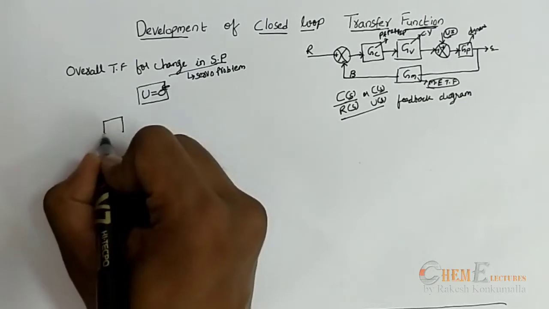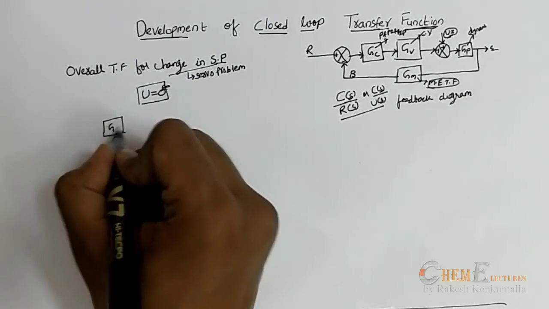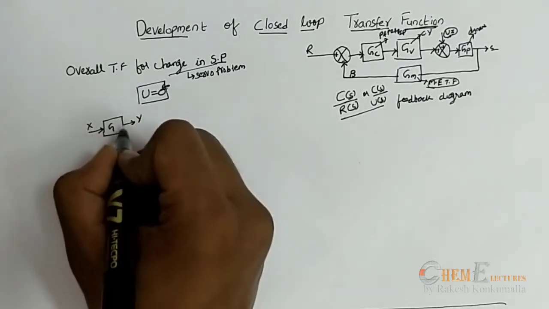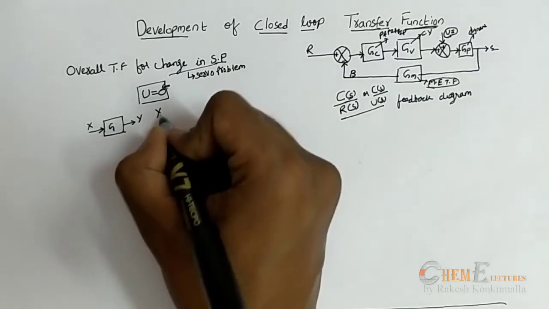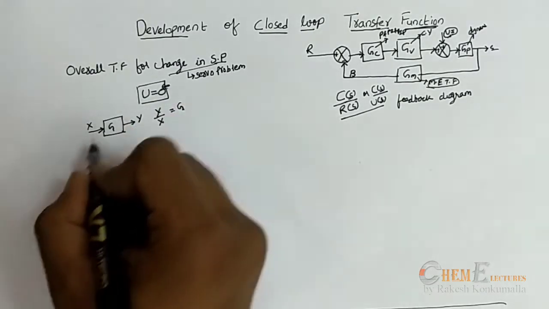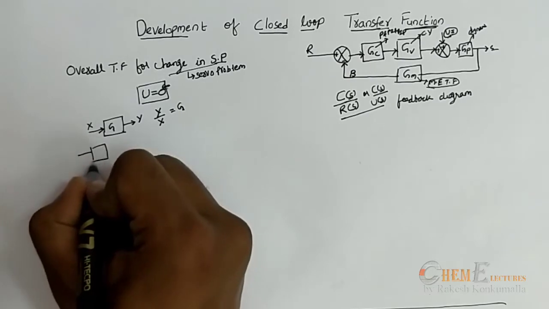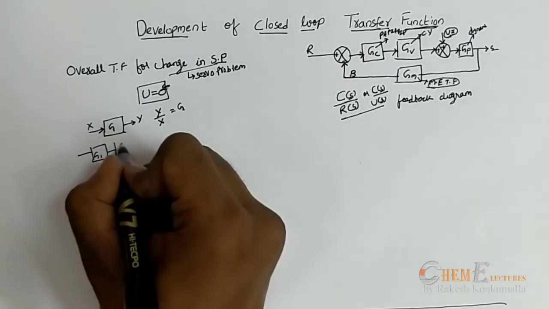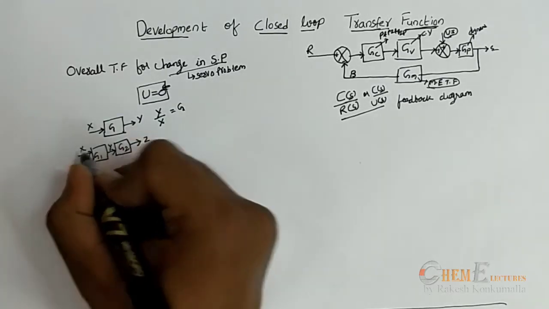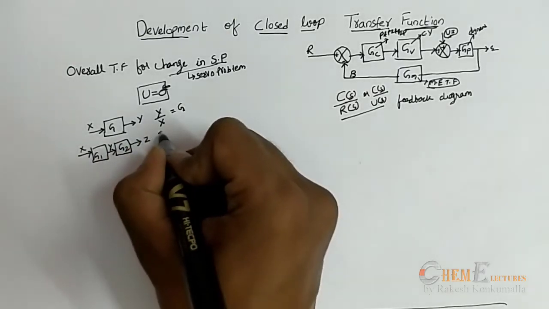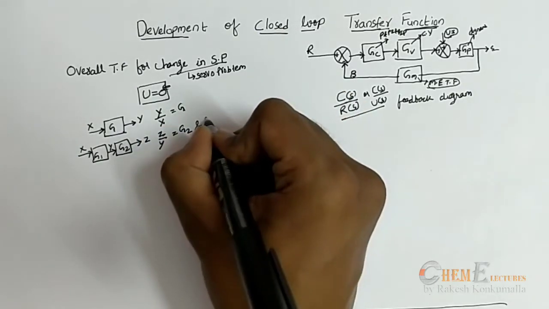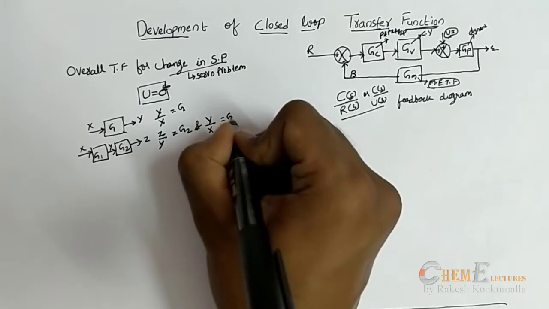Now a basic block diagram with transfer function G, output Y and input X. For this we have correlated that output by input is equal to the transfer function. Similarly, when there are two transfer functions in series, that is G1, G2, with Z, Y and X: if you take individually, then Z by Y will be G2 and Y by X will be G1.